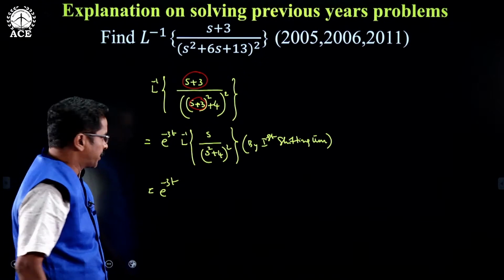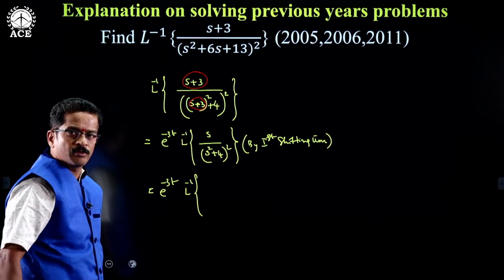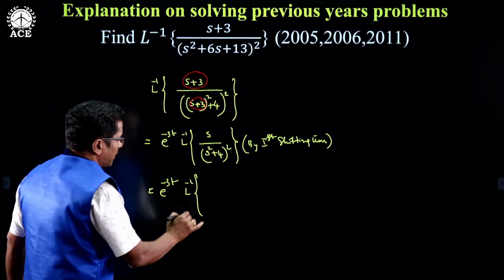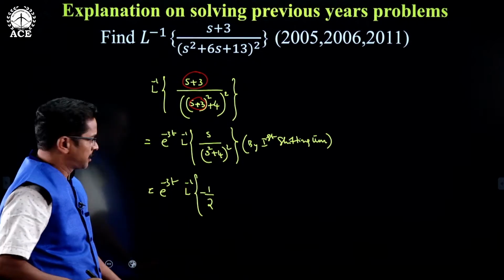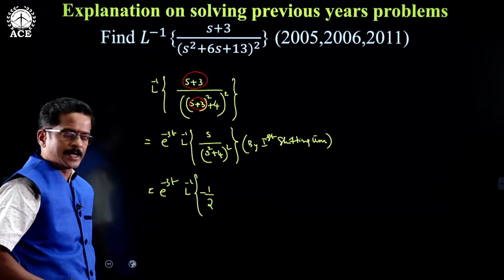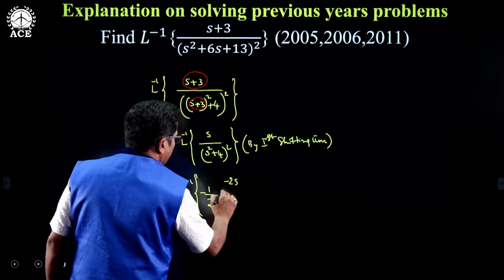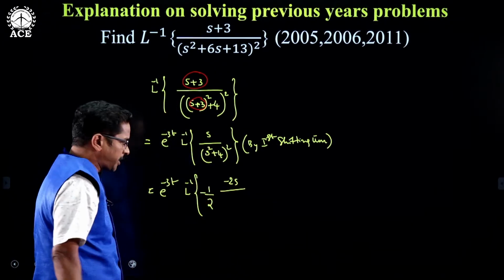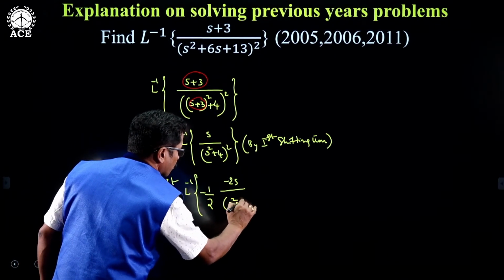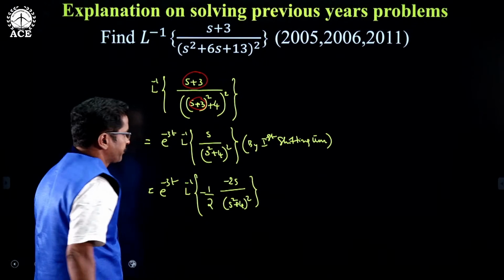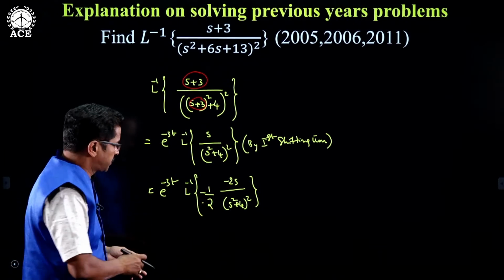So here what I will do now, L inverse of, I just make some arrangements. I am multiplying by minus 2 and dividing by minus 2 into (s square plus 4) whole square.